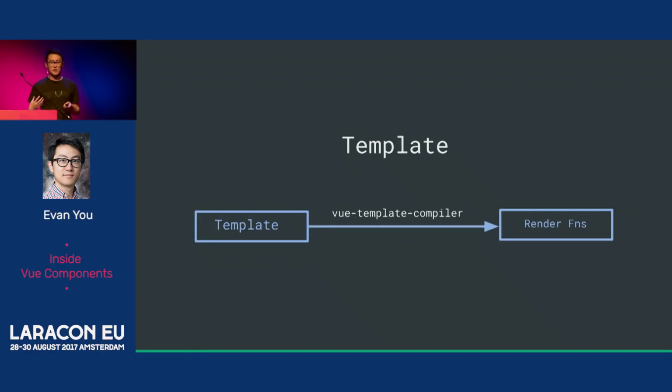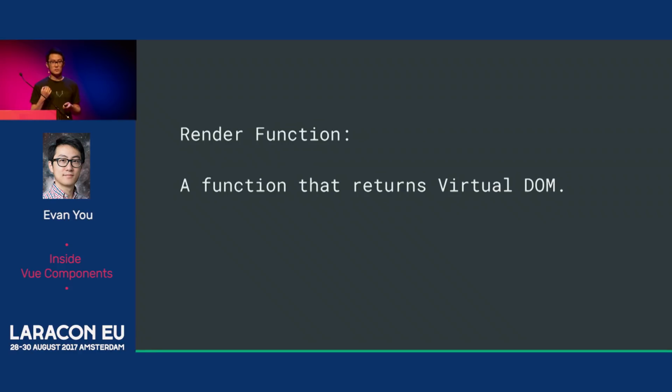For the template part, we compile our template into render functions. For those of you who've never heard this term, a render function in the Vue world is a function that returns virtual DOM. This is, in fact, the same for React. So what is virtual DOM?